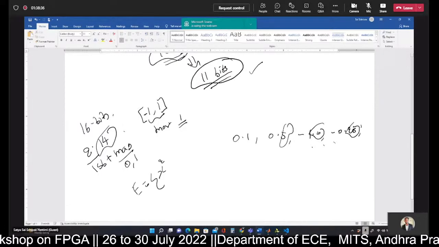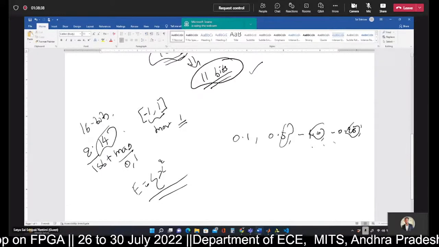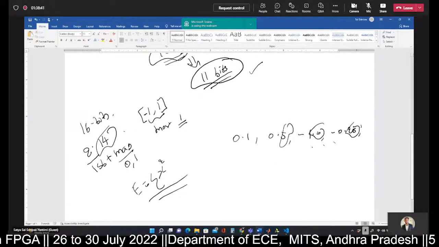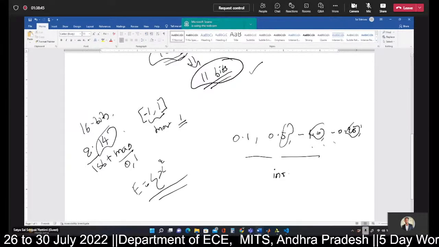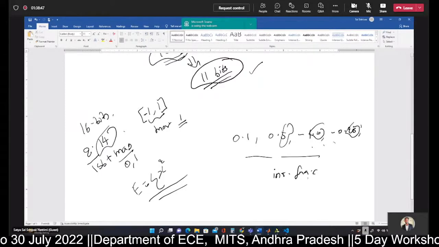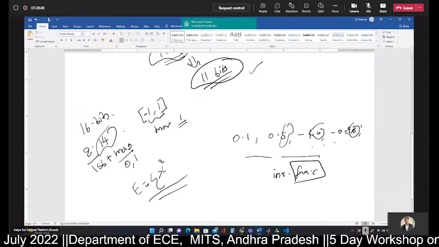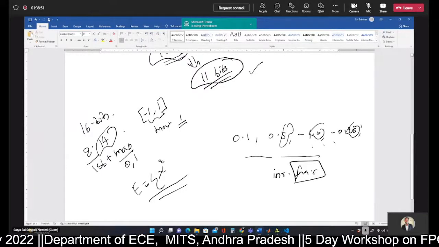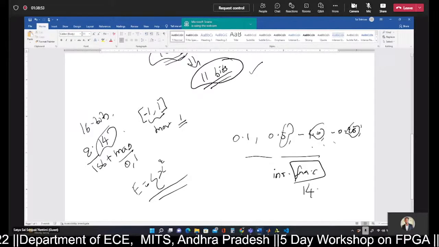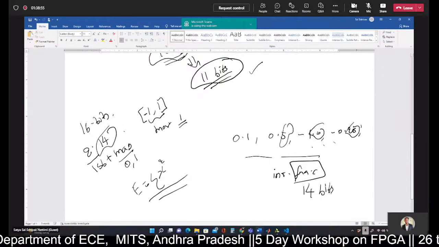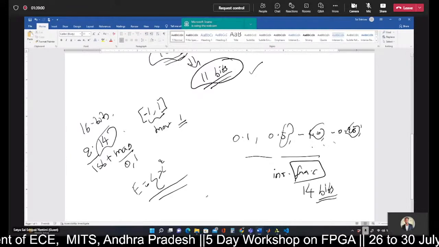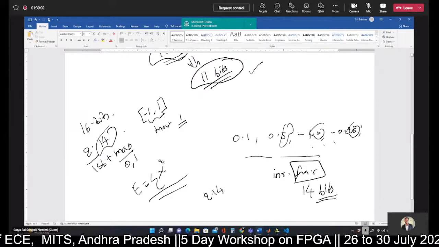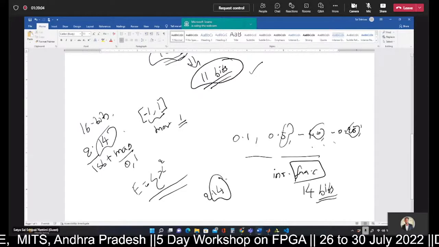Again when you square all these samples, the energy value will come as some integer part followed by a fractional part. And how many fractional bits are we taking from our actual representation? 14 bits. Since our signal sample has 2.14 format, we have 14 fractional bits.